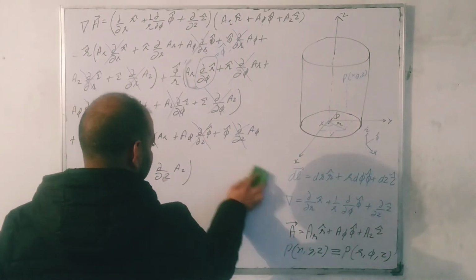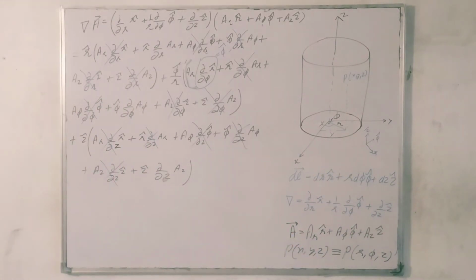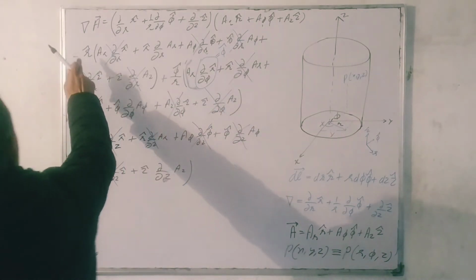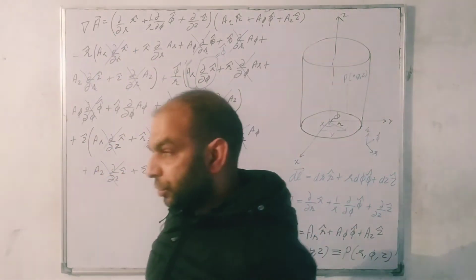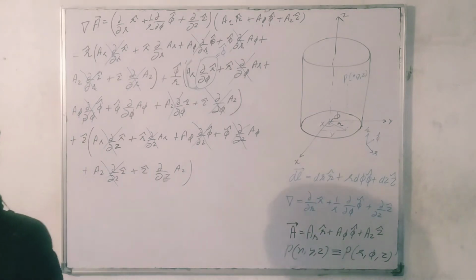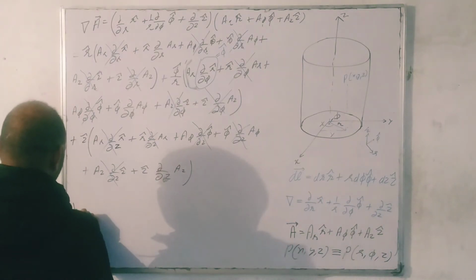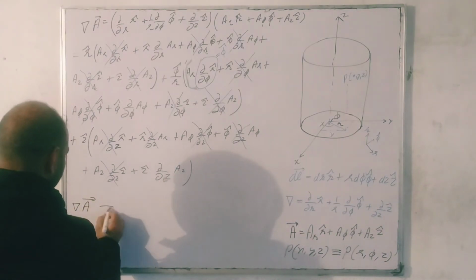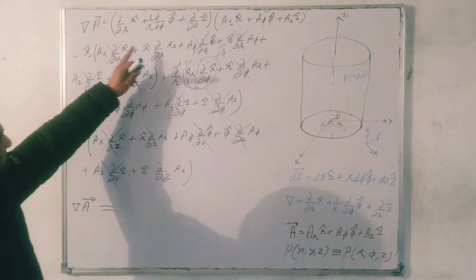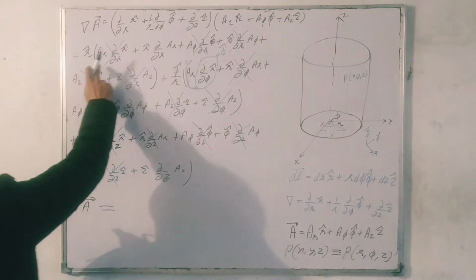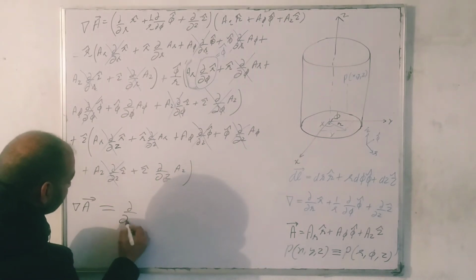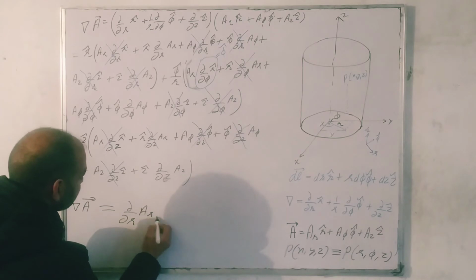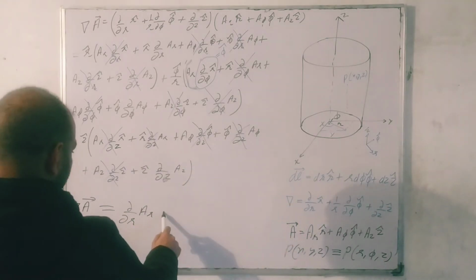So now let us write the remaining terms. What are the remaining terms? Now this r cap dot r cap is going to be 1. That is quite easy. So now divergence of A is equal to, this is going to be 1. From this first bracket the only surviving term is ∂/∂r of A_r. Next I am writing plus.